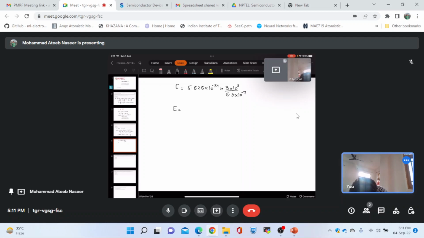If I solve this on my calculator, it will simply come out to be equal to 3.15 into 10 raised power minus 19 joule.